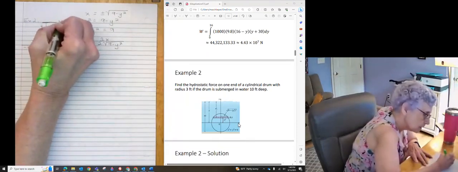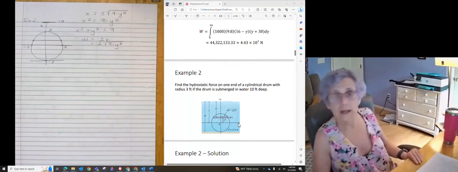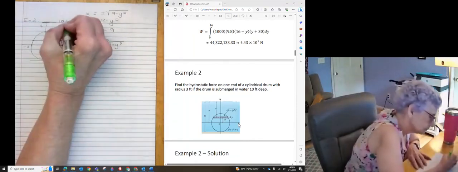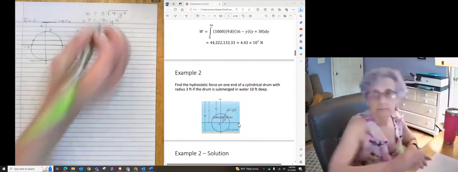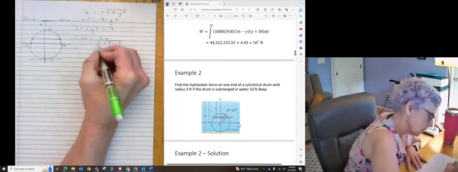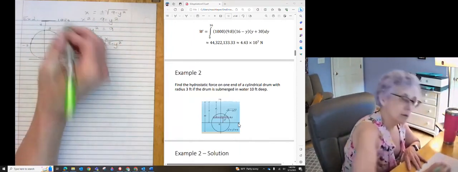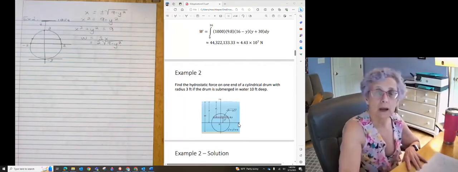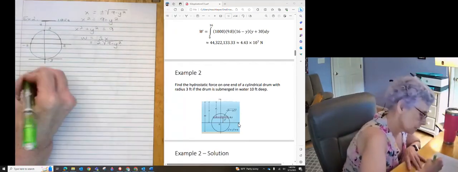So the water level is at 10 feet. So we have our width, and we have what we need to figure out our depth and our limits of integration.